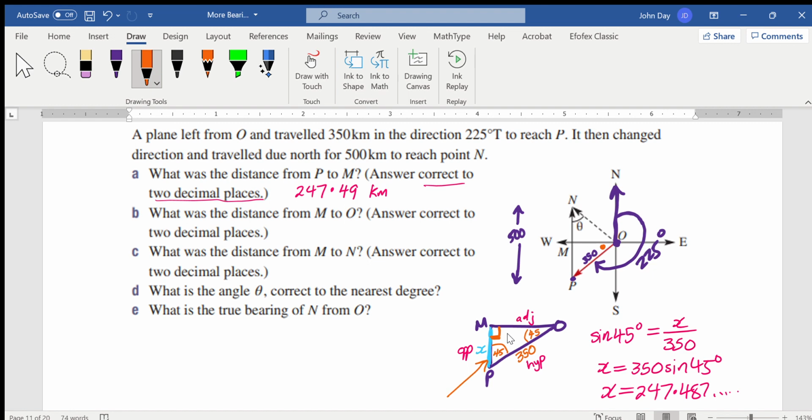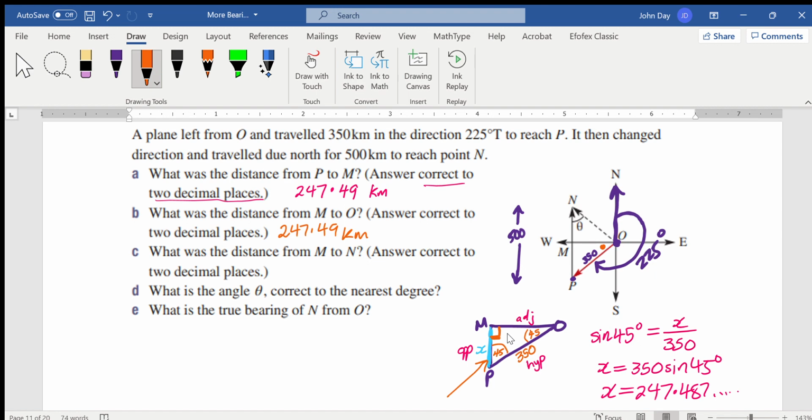And what type of triangle has got the two angles that are the same in it? It's isosceles, isn't it? So you could, if you didn't want to go back through trigonometry there, you could just go, well, that's the same length. So MO is the same as MP because it's an isosceles triangle. So it's 247.49 kilometres to 2 decimal places.